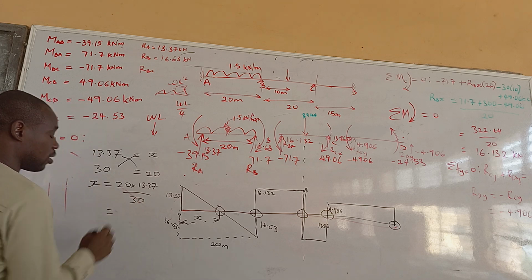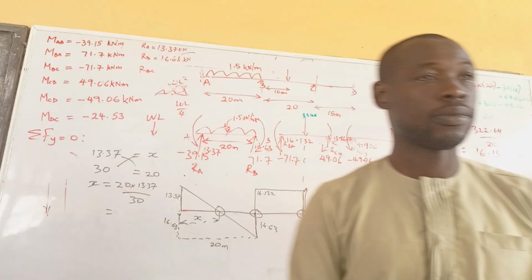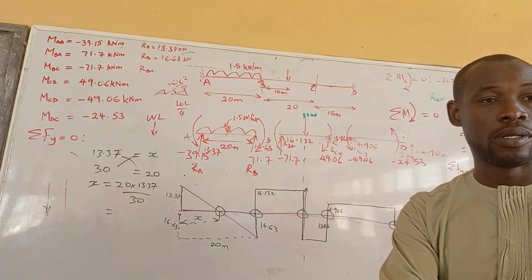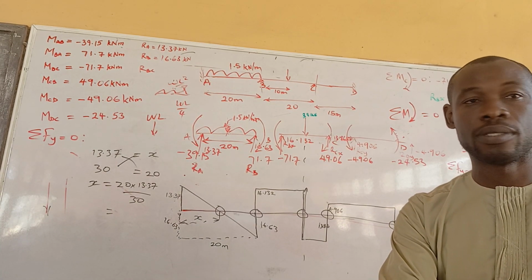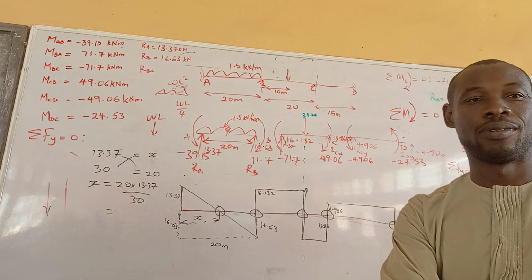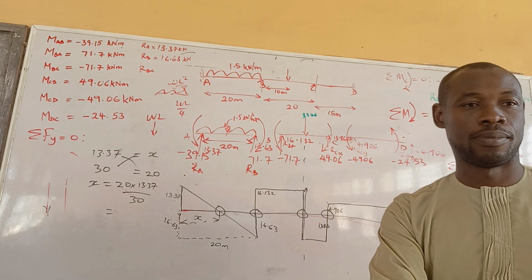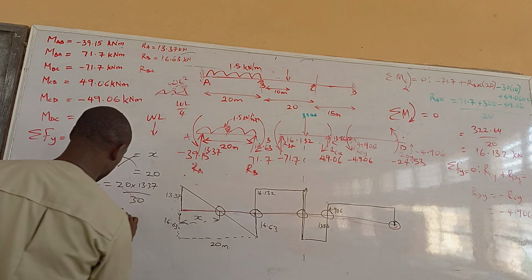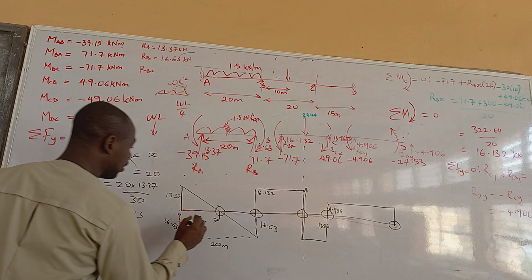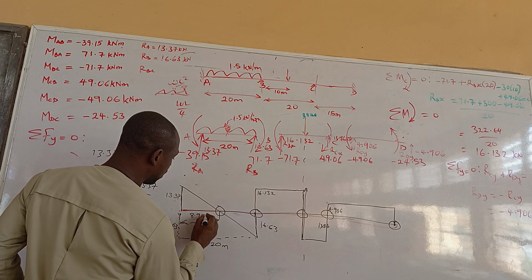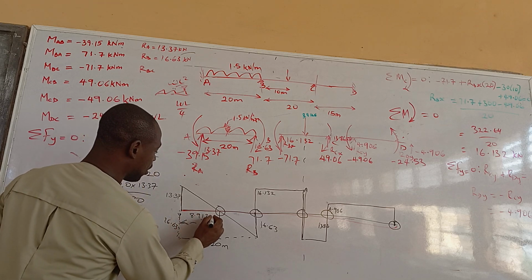What will it give us? So 20 times 30.37 over 30 gives 8.913. So this distance is 8.913 meters. At that point, that is where we are going to have our maximum bending moment.